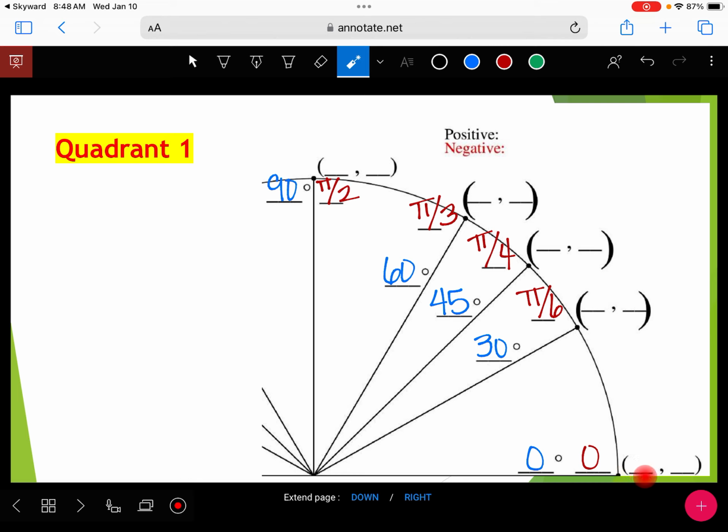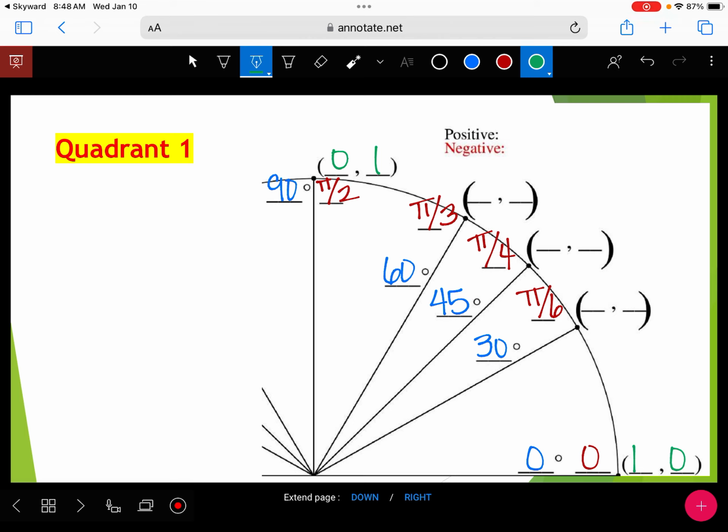It's 1, 0, because right here, x equals 1, y equals 0. So 1, 0 goes here. What about up here at the top? What do you think this is going to be? 0, 1.